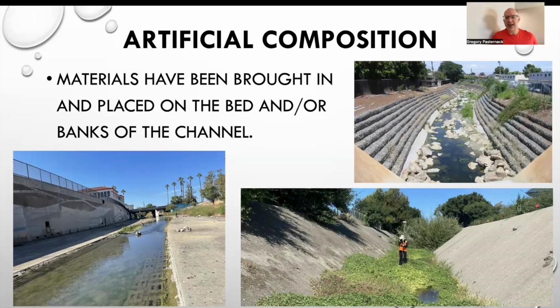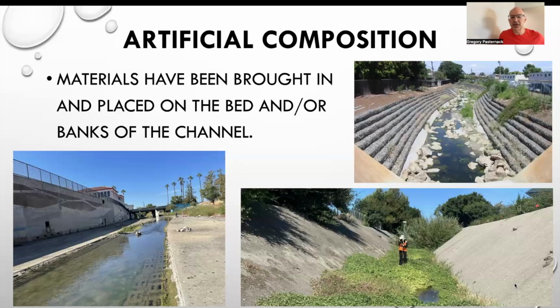So we're going to use the term artificial composition or natural composition to distinguish between when materials are just already there, brought in by natural processes over a long period of time, or humans have come in and brought the materials and placed them on the bed or banks in a mindful way to create typically a hardening or a protected bank situation.